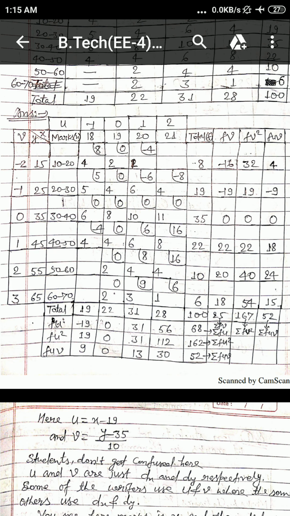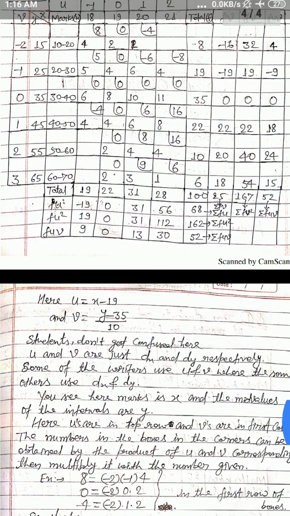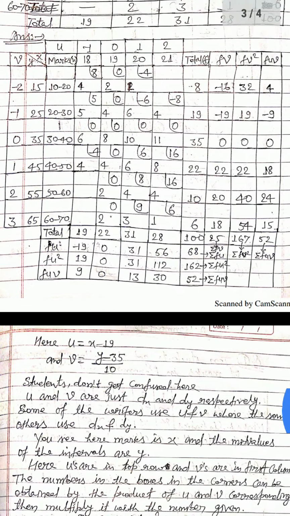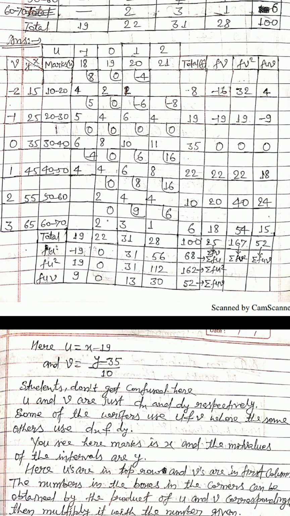When we see 25 minus 35, there is minus 10. So all are multiples of 10, that's why we divide by 10 also. So v is equal to y minus 35 by 10. By which we draw this table.